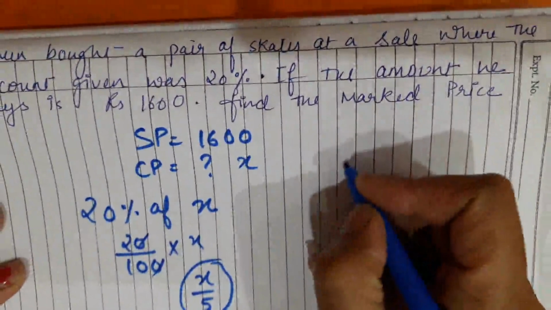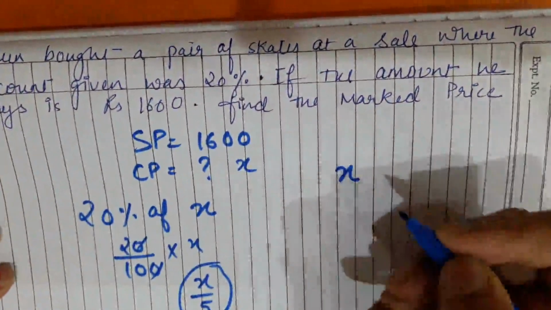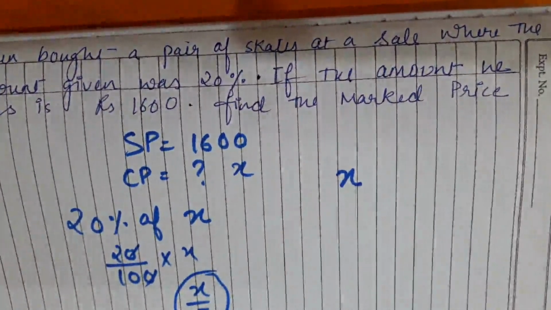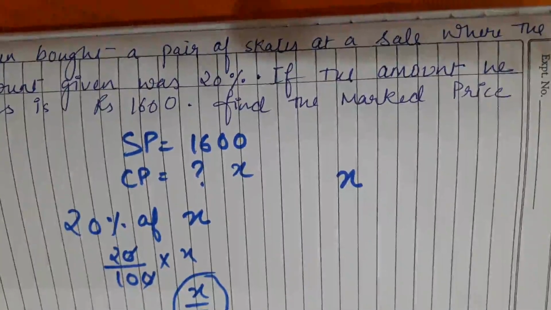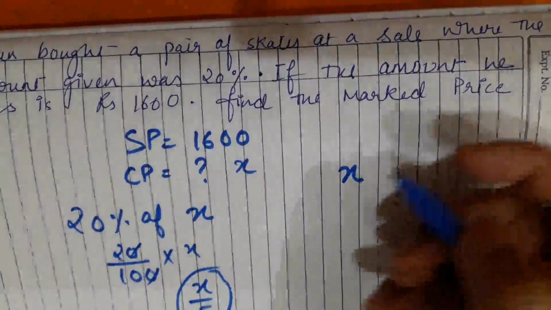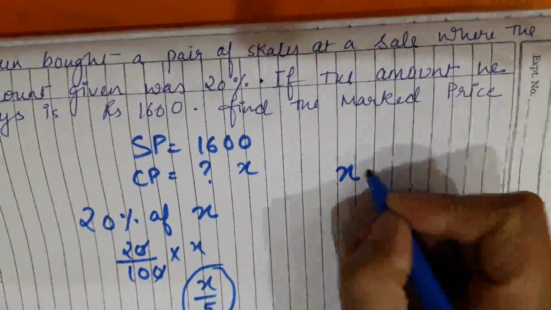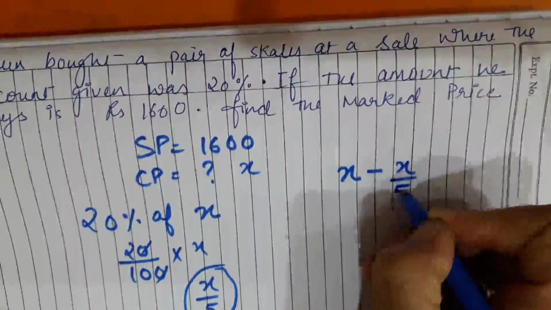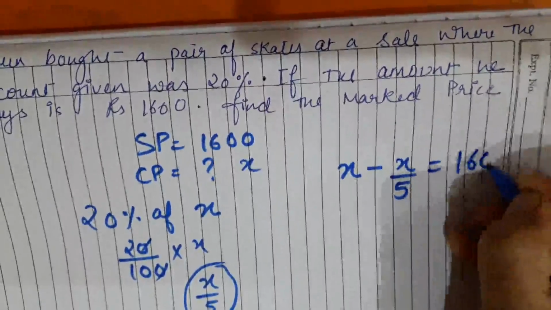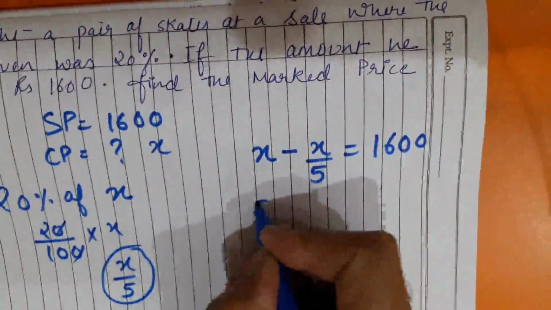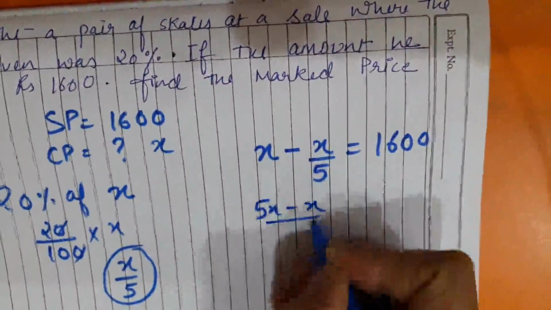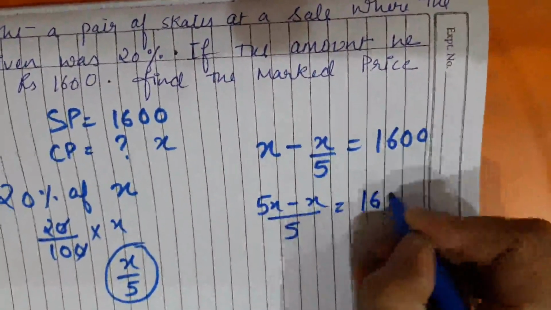It means the marked price minus the discount, he has to pay 1600. So this particular equation forms: X minus X upon 5 equals 1600.